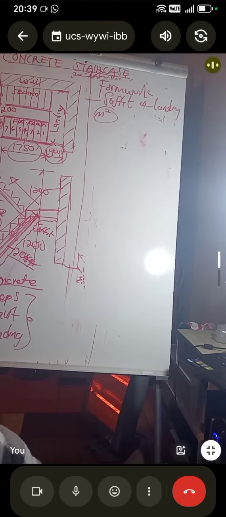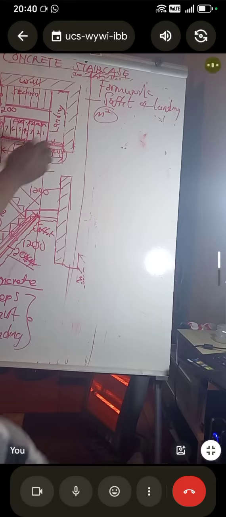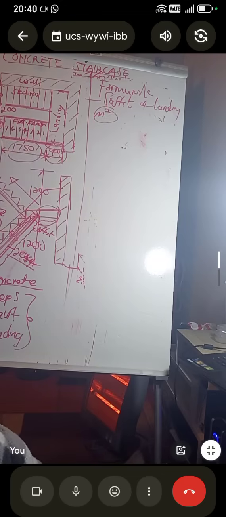We go for the landing side. The landing side, it's only here again. It's only 900 because it's given there. You get it?